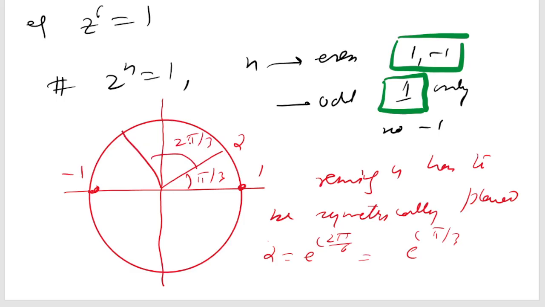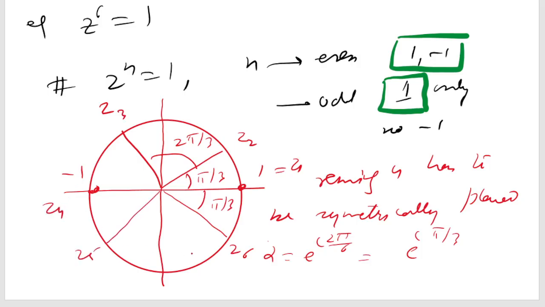Since we know 2 roots, we need 2 more roots. They are symmetrically placed. Let's say this root is z2, and here also z2 bar, the conjugate. The last root will be here, let's say the 5th root. Similarly, this is the first root, this is the third root, this is the 4th root, symmetrically placed.